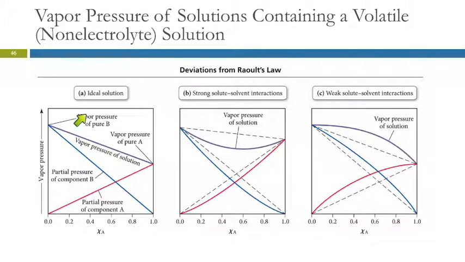So in panel A, we see a graph for an ideal solution. What we're looking at is an increase of vapor pressure on the y-axis and increasing the mole fraction of component A on the x-axis, going from 0, no solute, up to all solute. And you say, well, how could you have all solute? Well, with many solutions you can't.